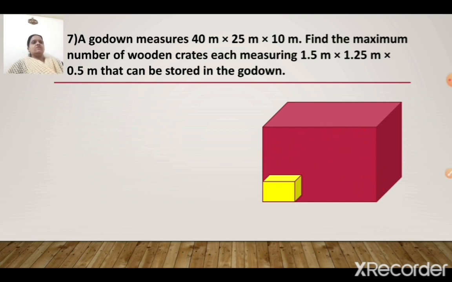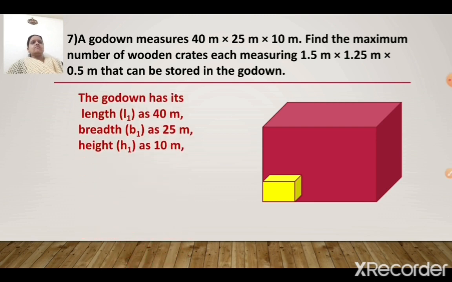So first let us start with the solution. We will write the given for the godown. Dimensions we will consider here as L1, B1, H1. L1 as 40 meter, B1 as 25 meter and height H1 as 10 meter. These are the dimensions of the godown.